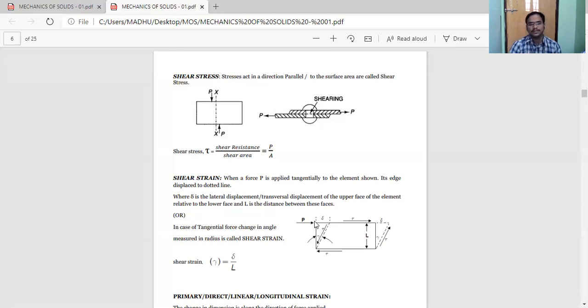This happens in the case of tangential forces that are acting over the surface. The shear stress condition is considered here.